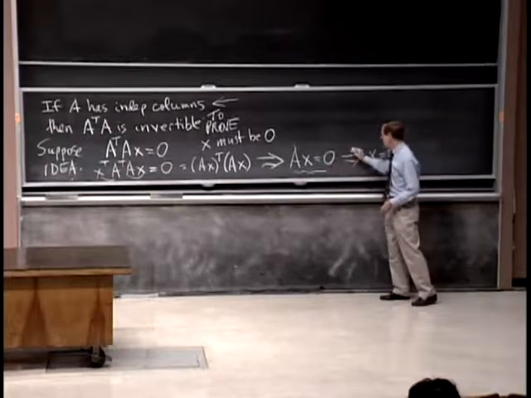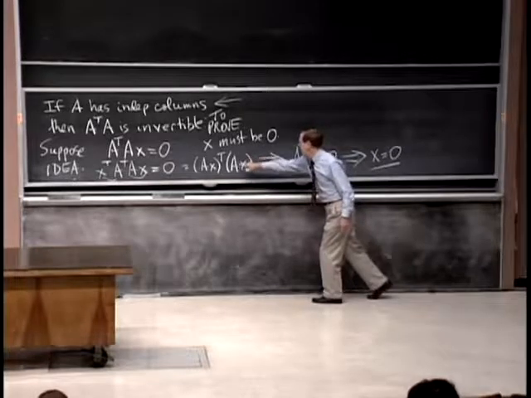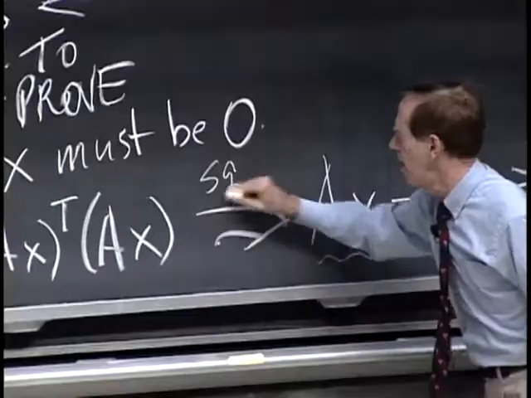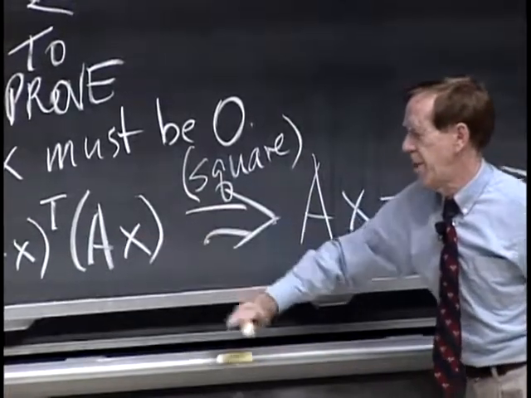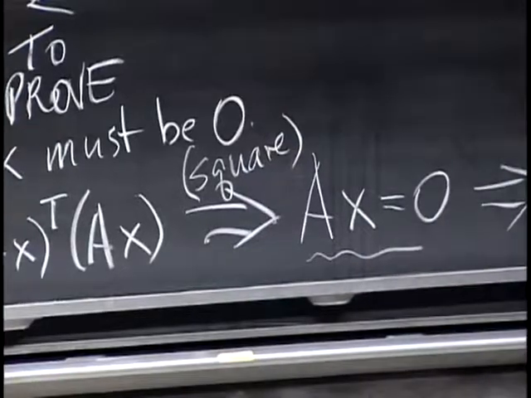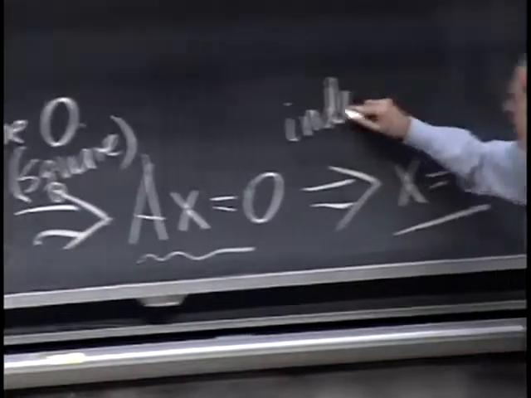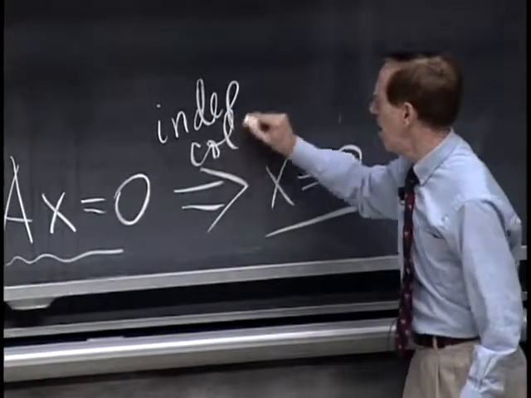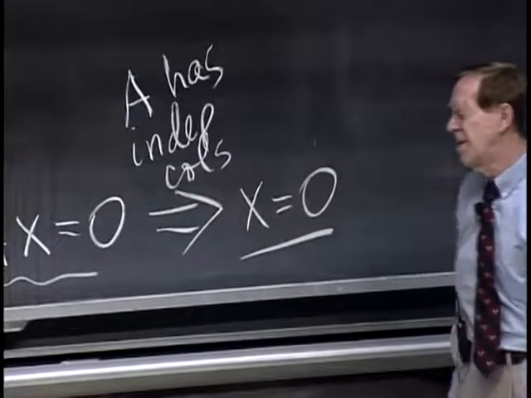If Ax equals 0, we use the observation we made, which I'll put in little parentheses: that was a square, which is 0, so the thing has to be 0. Now we're using the hypothesis that A has independent columns.